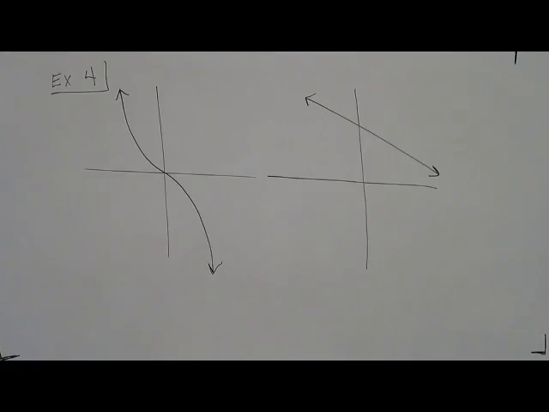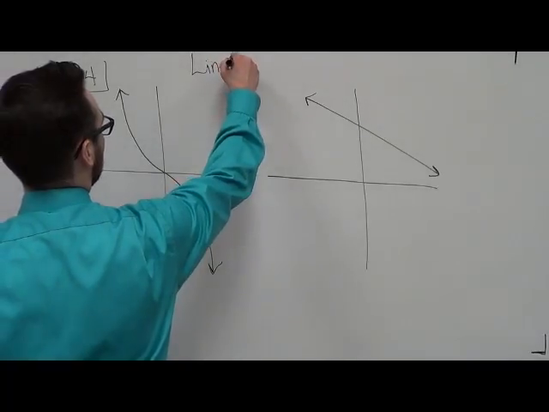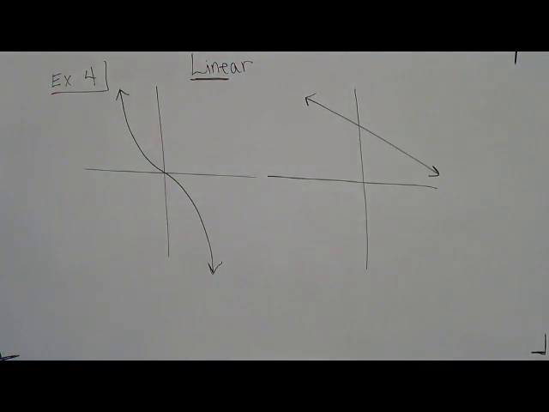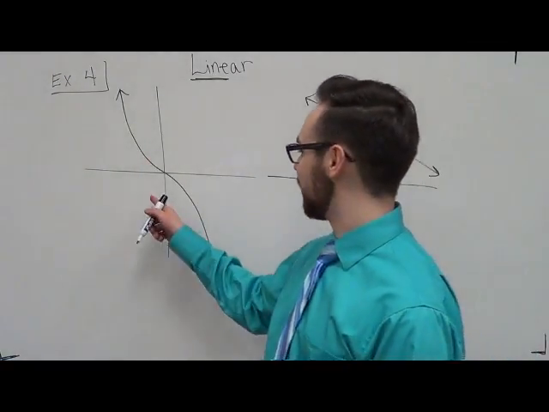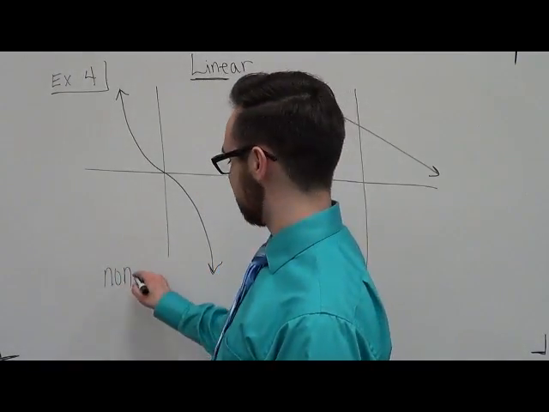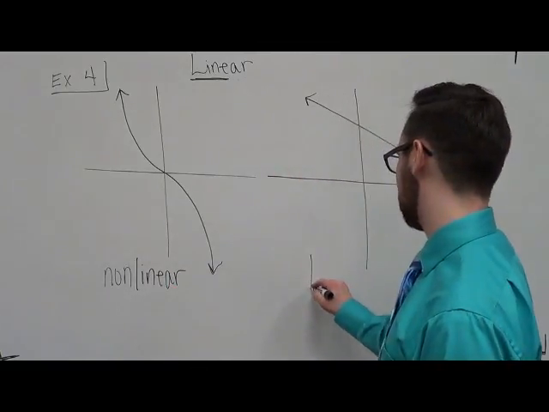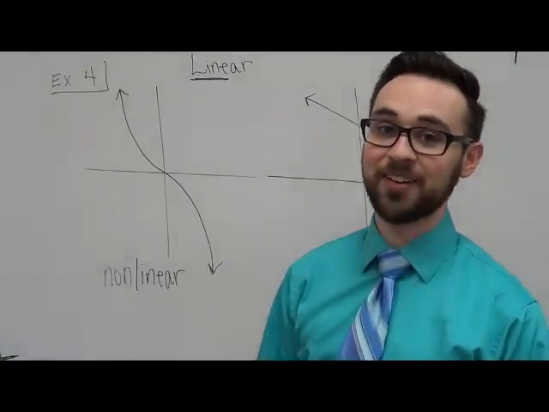So we know linear, if you look at the word, what word do we see within it? Has to be a straight line, right? Not a curve, not anything other than a straight line. So this is, obviously, going to be non-linear. This is a straight line, so it would be linear.